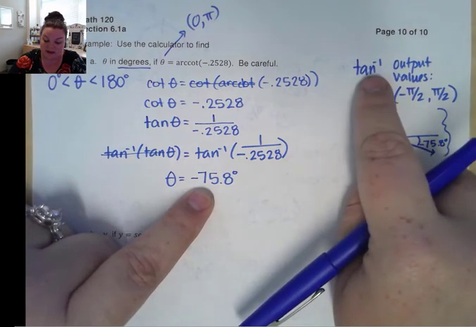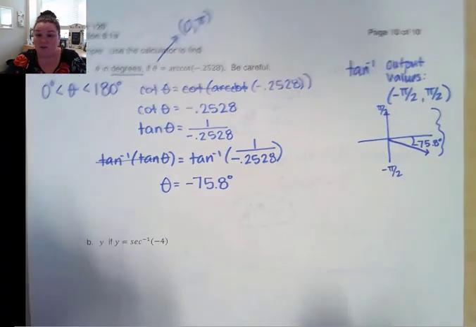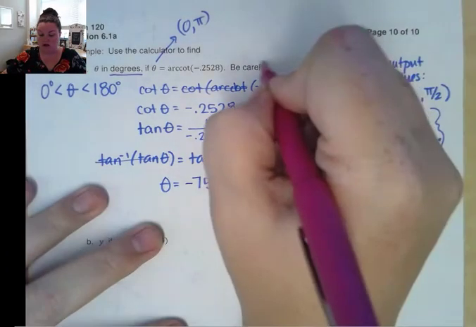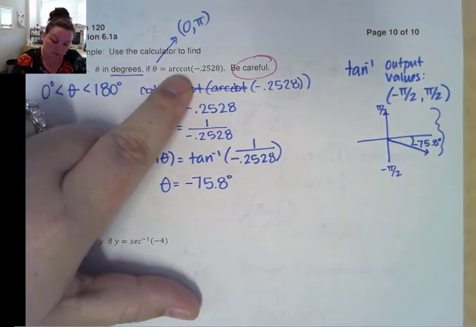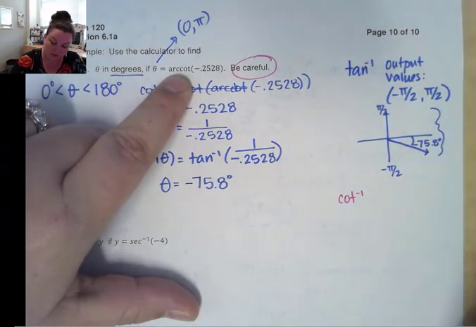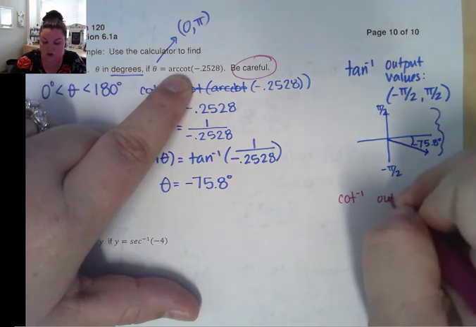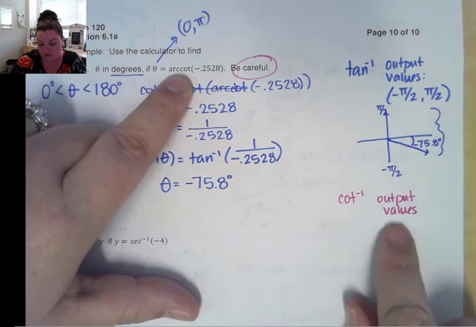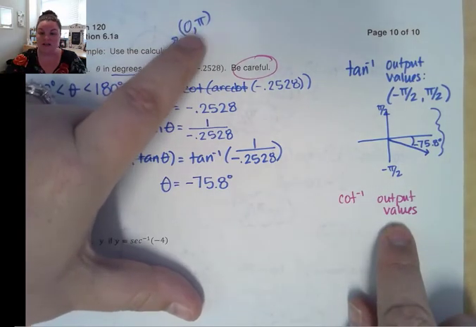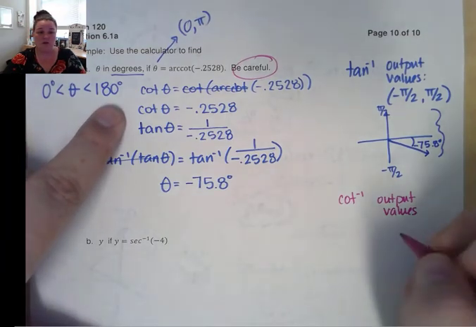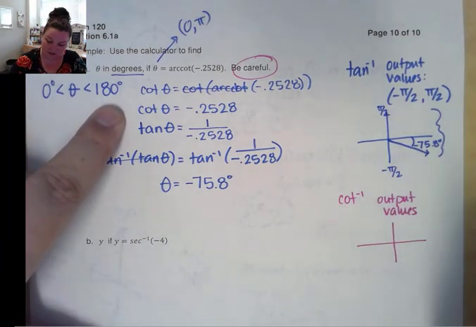That would be my answer if we were starting off with tangent, but we're not. We have to be careful because we started off with cotangent inverse. If we're talking about cotangent inverse output values, we already discussed, those are between 0 and pi, or from 0 to 180 degrees.